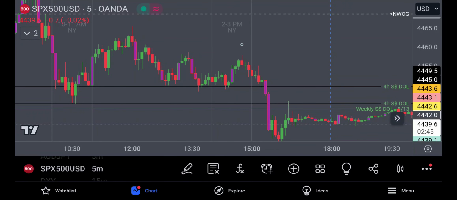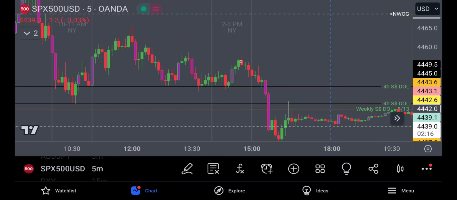So let's take yesterday, for example. These gray vertical lines here are marking out 2 to 3 p.m. New York Eastern Standard Time, which is the afternoon time period for the silver bullet strategy.